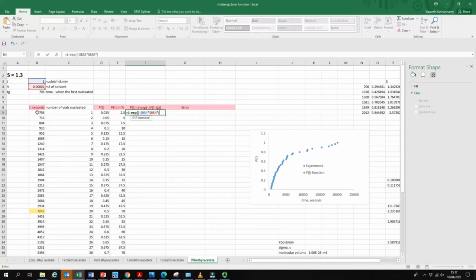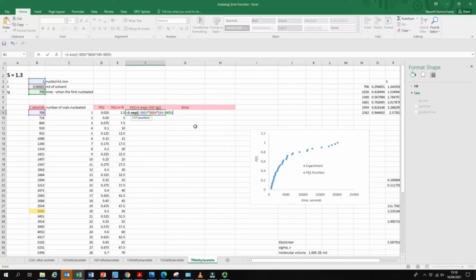This is our experimental value, T, 708, minus this Tg value, which is here. Again you have to press the dollar symbol. Whenever you have a constant, you apply the dollar symbol on the cell value, which will make this number a constant. So that's the meaning of that.